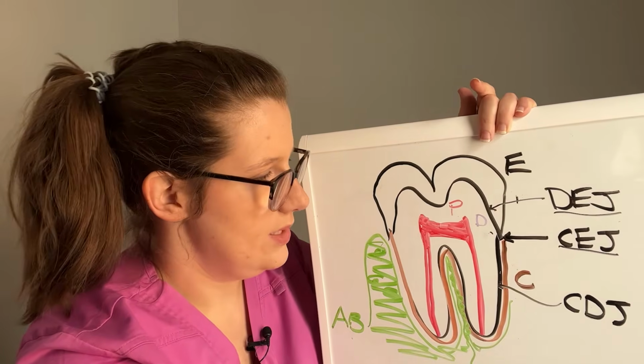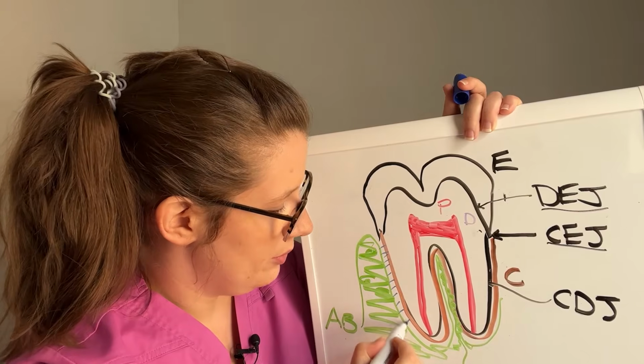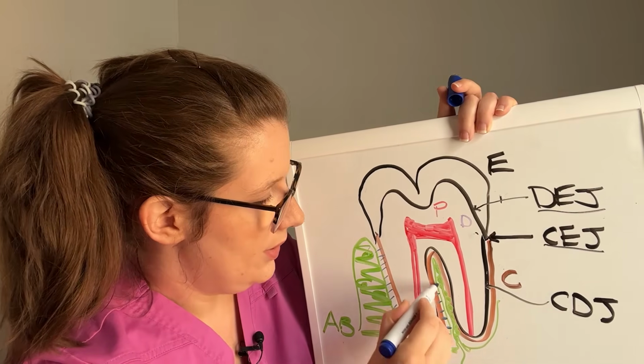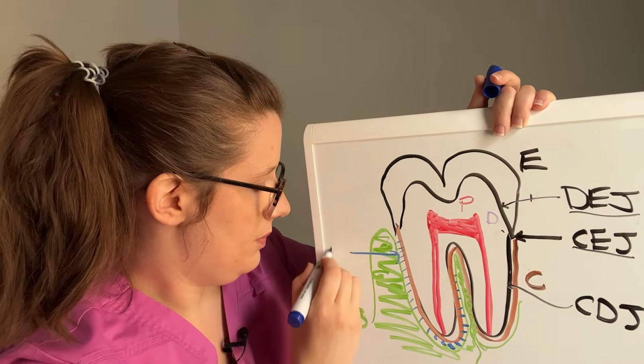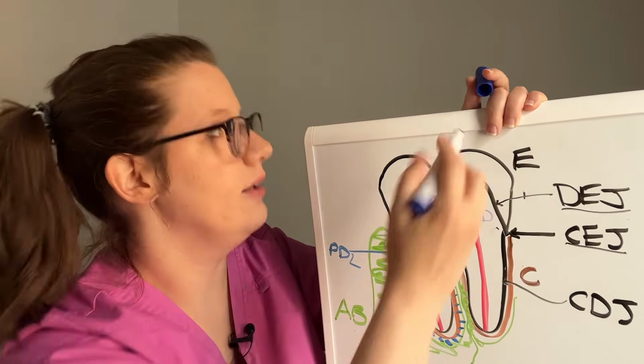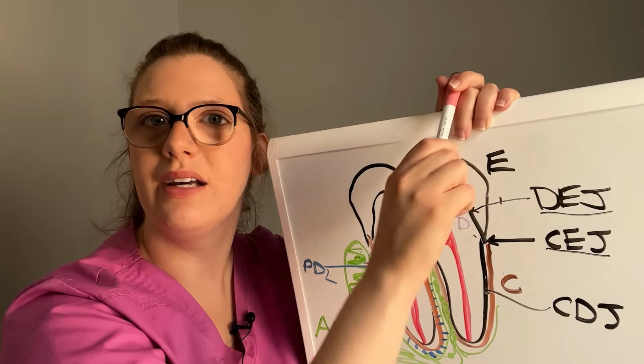The bands of tissue that connect the cementum to the alveolar bone, thus anchoring the tooth into the jaws, is the periodontal ligament, PDL.